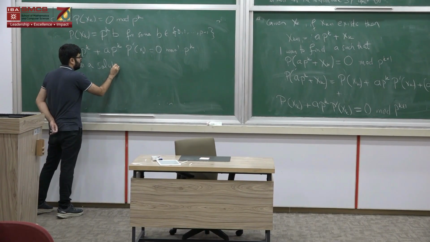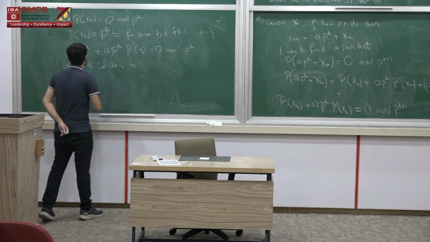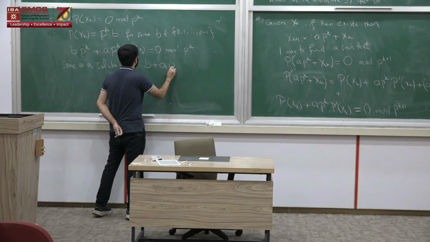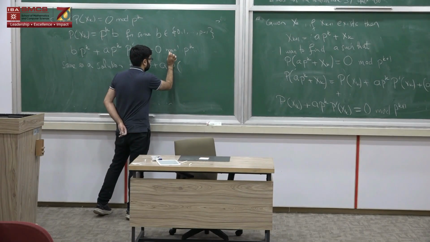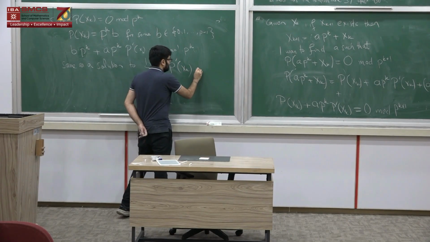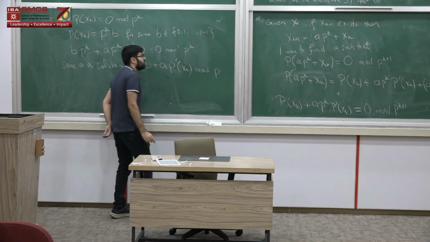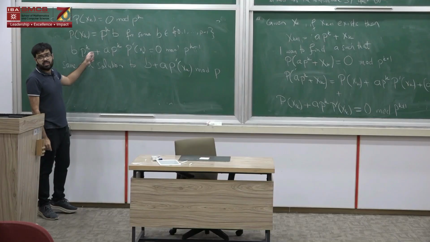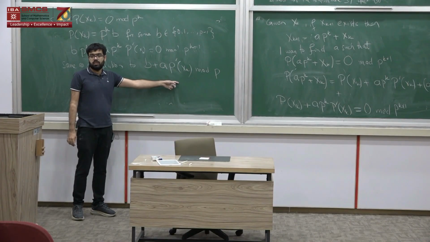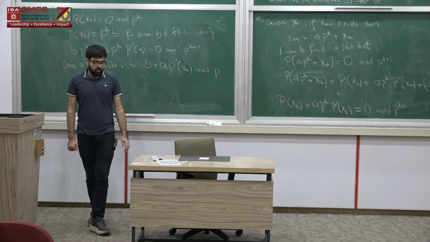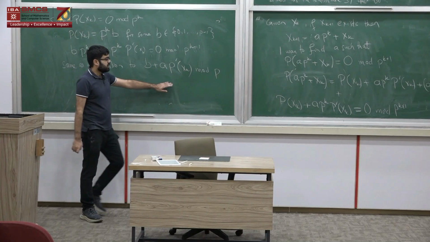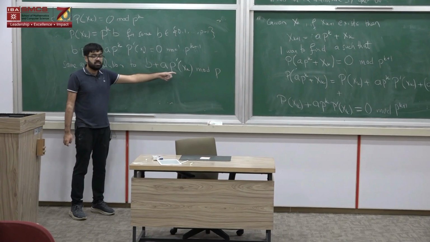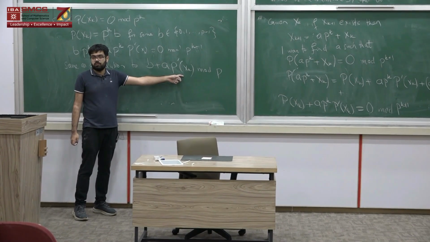And this is the same as a solution to b plus a P prime of xk, but mod p. I want a solution mod p to the k plus 1. I already have these factors of p to the k, but the only thing I want is a solution mod p, and this solution will exist unless this P prime of xk is 0.